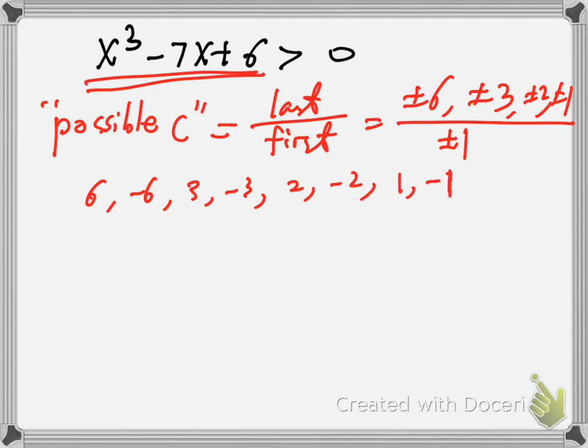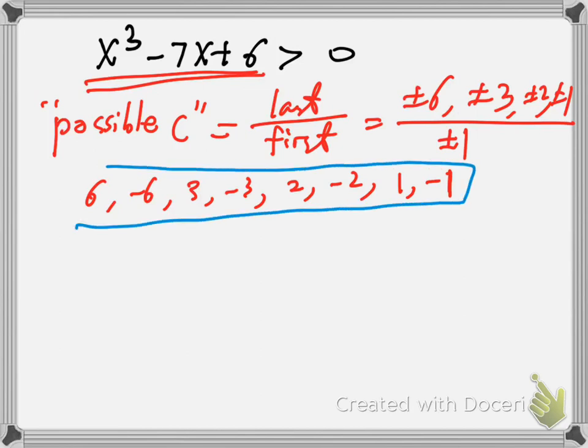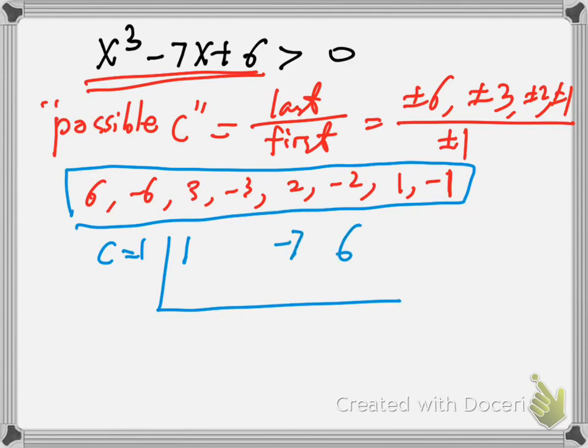Okay, so very important. This is the form of the answer in the final exam. You type these numbers and separate them with comma. Okay, this is step 1. And then step 2, we use synthetic division to check remainder 0, right? So we check the first one if c is 1. So this is 1, -6, -7, and 6.